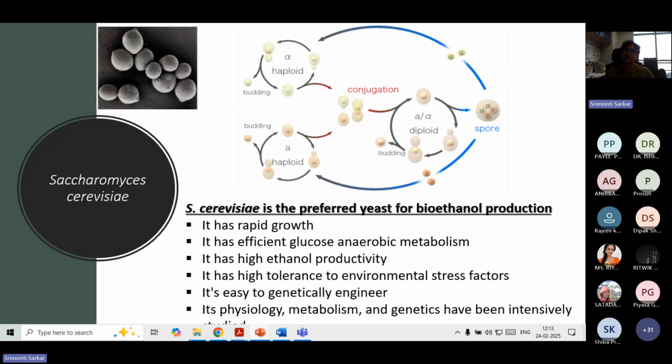So as a result, it is very easy to engineer yeast when it comes to enhancing its ability to produce ethanol or surviving under stress conditions as ethanol is being produced. So we can do all of this because we've studied yeast's physiology, its metabolism, and the genetics. All of these have been very intensively studied over the past almost 80 years.